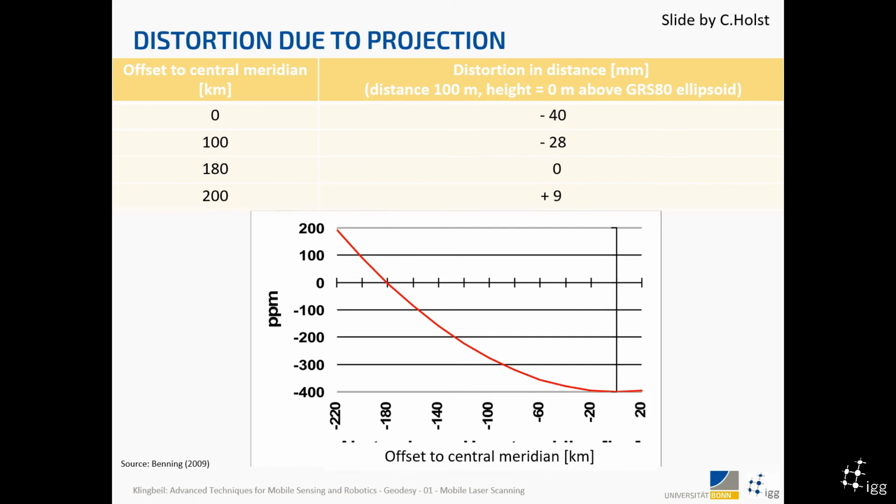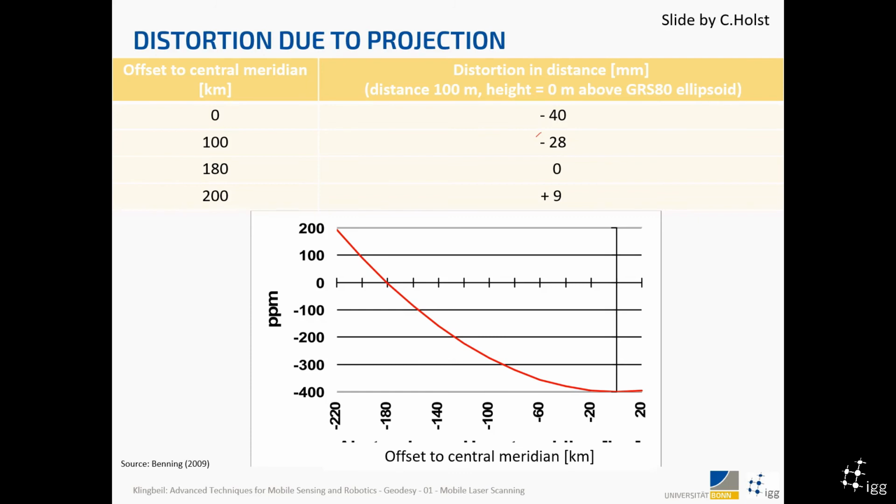This is something, I mean, it depends on what you want. If your overall accuracy is on the order of a few, like 10 centimeters, then this probably may not be a big issue, but it can make a difference, and we will see in a few minutes how we deal with that.